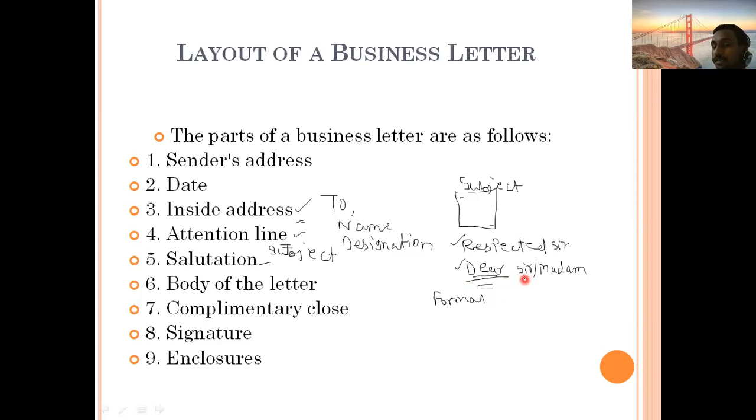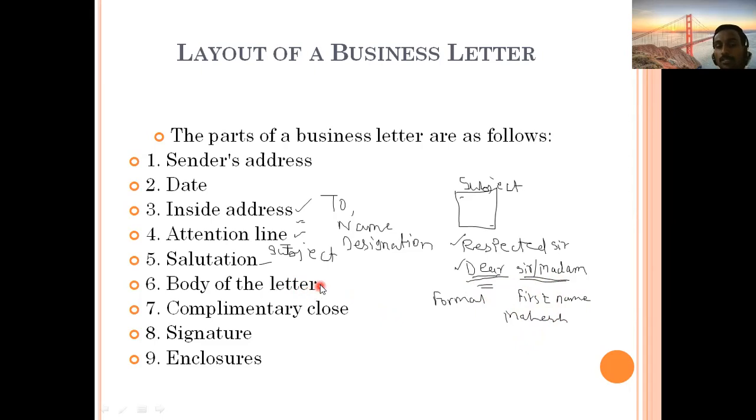And again here you'll find that these days people are not using words like dear sir or madam, rather they use your first name. They prefer to use their first name. For example, dear Mahesh. So it can be like this, not sir or ma'am. So you just take note of this regarding salutation.